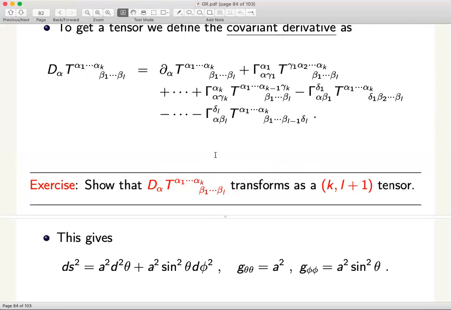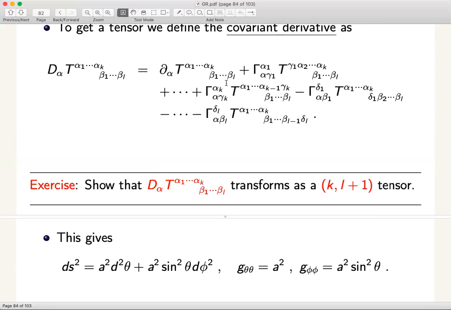Now two inputs are required. One input is of course that T itself transforms like a k comma L tensor, and the second input is how the Riemann-Christoffel connection transforms. That information is already with you.